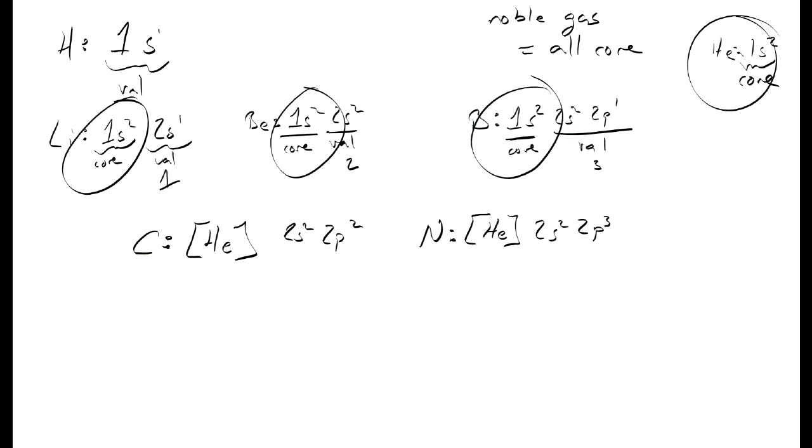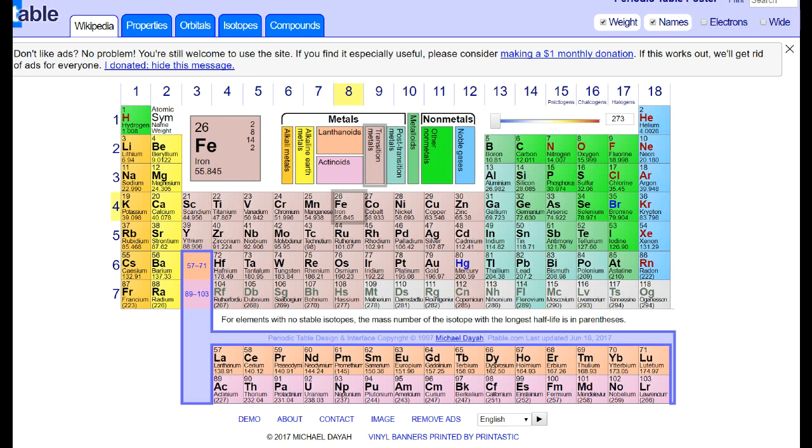Let's hop down and do iron again. What is the core of iron? So you look at the periodic table, and here is iron. Its core is going to be the previous noble gas. So we go back, 19, 18. The noble gas that comes right before iron is argon. So that's the core of iron. Not the nucleus, the core.